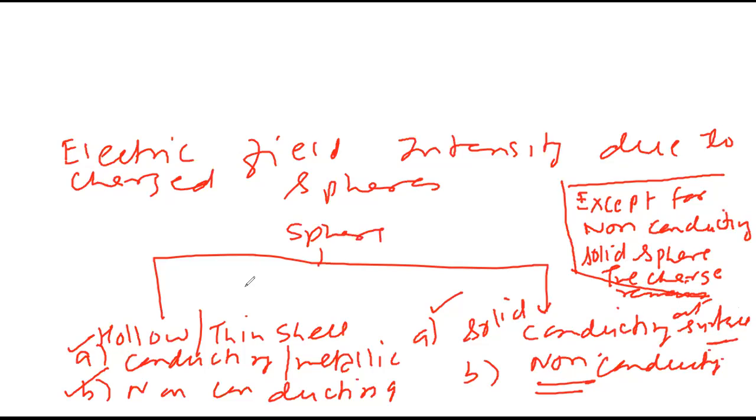So except for a non-conducting solid sphere, charge remains at the surface. That means for hollow, conducting, non-conducting, and solid conducting, the formula will remain the same for inside, outside and on the surface. Only for non-conducting will it change. Can I clear this now? Yes, sir.